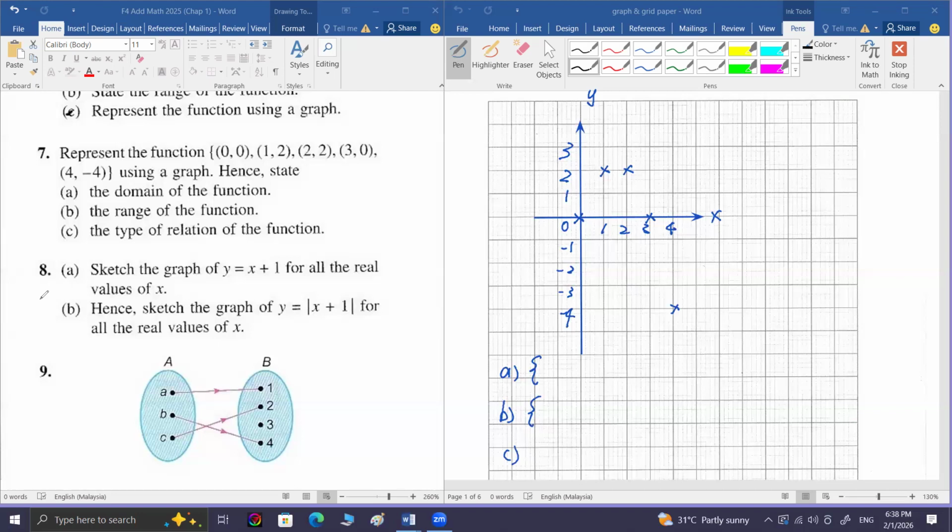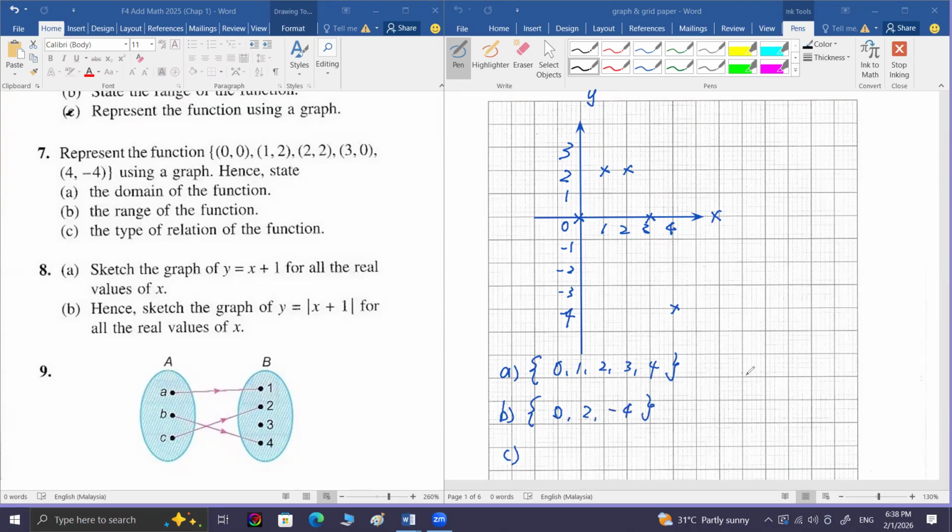Checking, see the graph that I have drawn, is it okay? Then the domain, yeah, 0, 1, 2, 3, 4. And the range will be 0 to -4, yes.